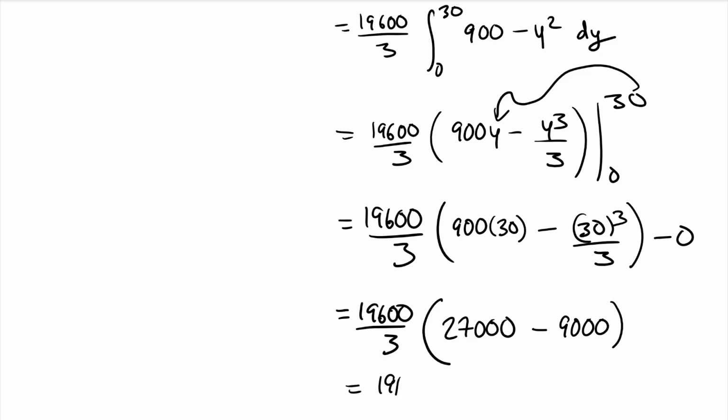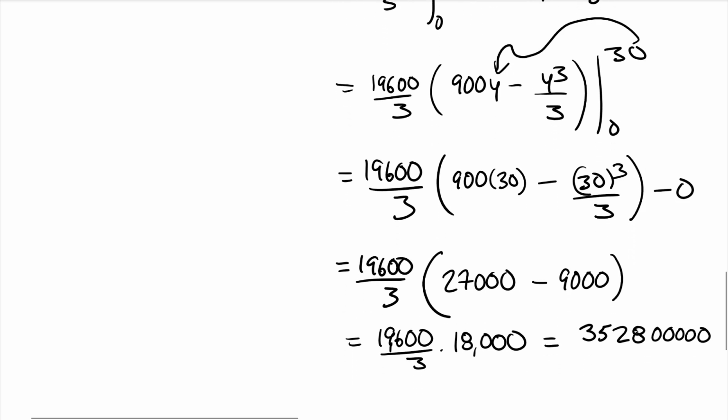So we get 19,600 over 3 times 18,000. Oh my goodness. These are some big numbers. So times 19,600 is equal to 3528 and then 5 zeros. Not a shocker. All over 3.